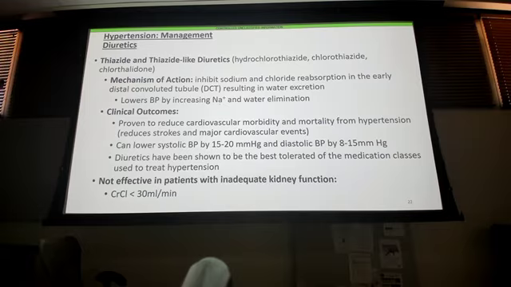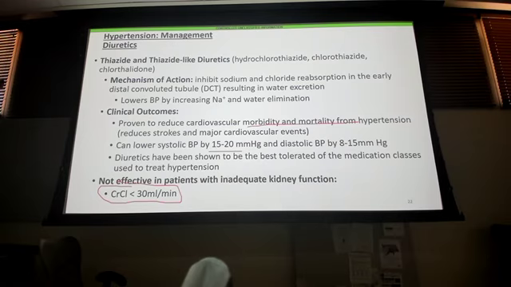Then we went in and talked about thiazide diuretics, and how these are great. There is morbidity and mortality benefit from thiazides. They are effective, and they are typically well tolerated by most patients, except for ones who have pretty severe kidney function decline.